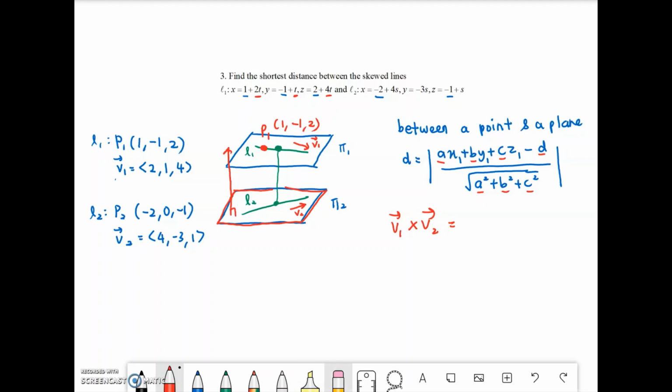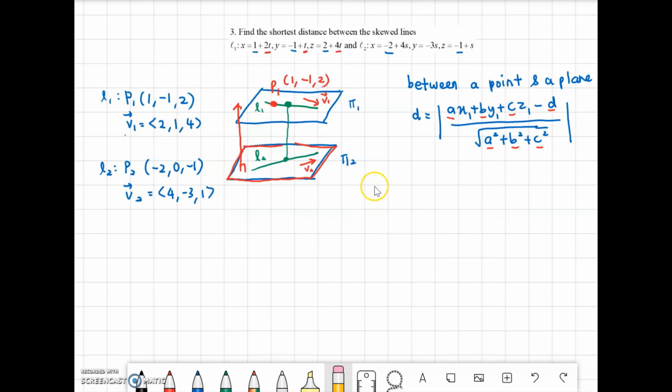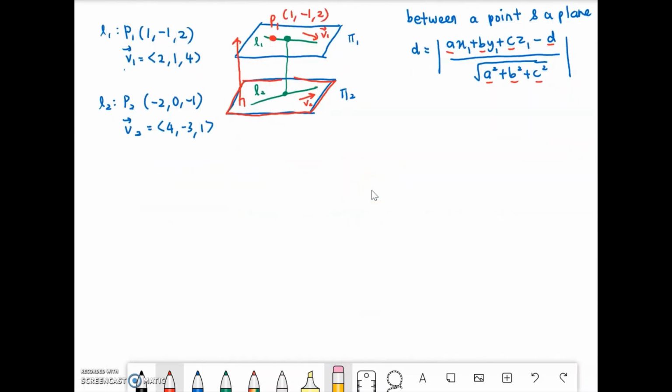So here we can solve this, where v1 cross v2 will be equal to the determinant of i, j, k, then 2, 1, 4, and our v2 is 4, -3, and 1.